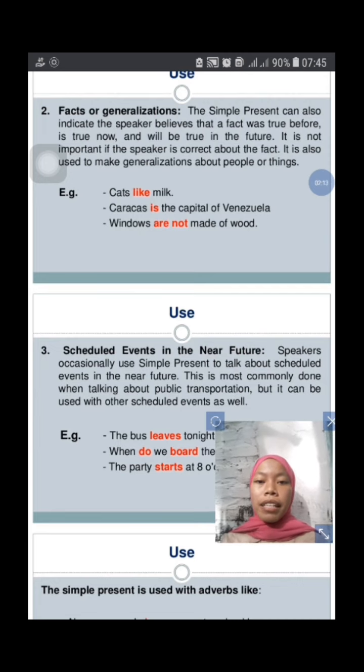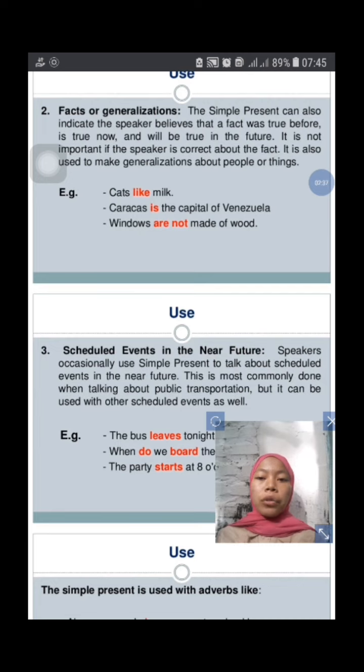The simple present can also indicate that the speaker believes that a fact that was true before is true now and will be true in the future. It is not important if the speaker is correct about the fact. It is also used to make generalizations about people or things. Example: cats like milk.